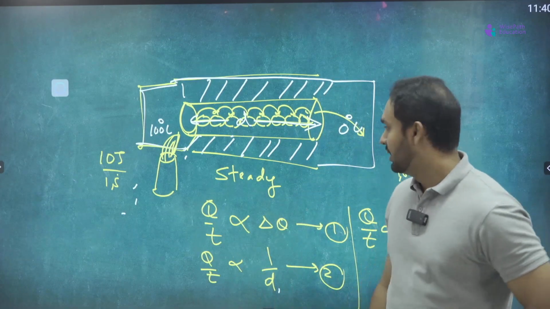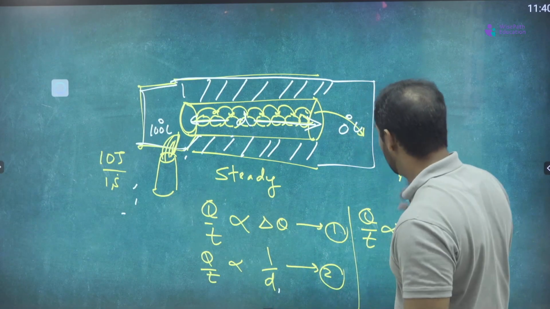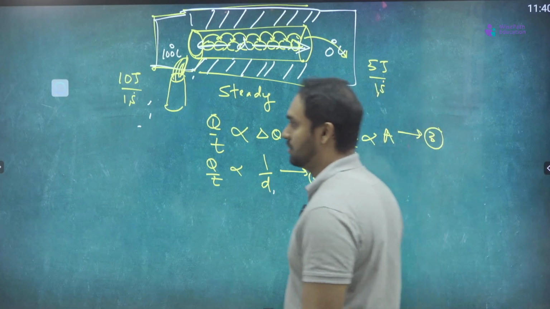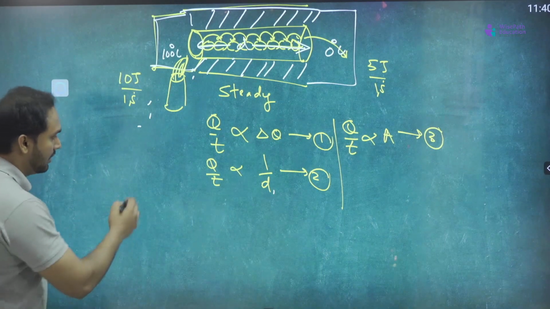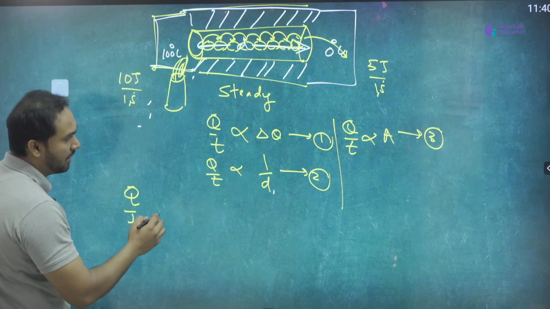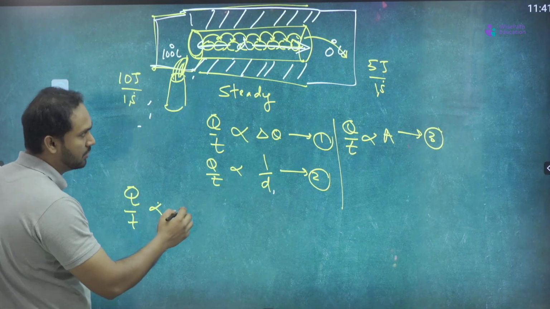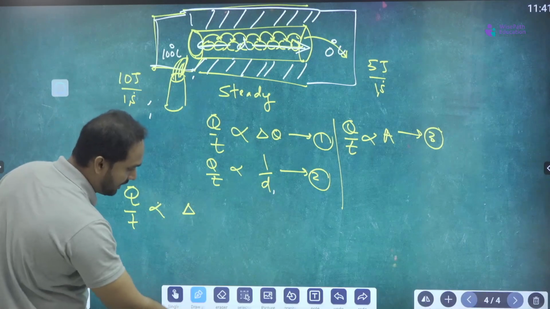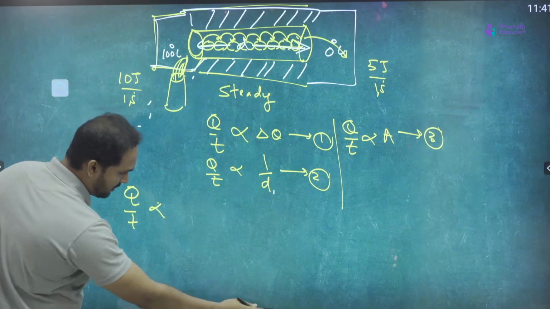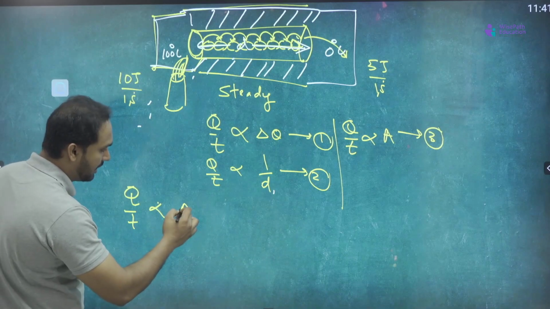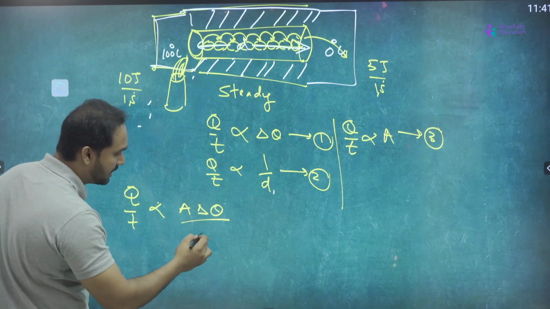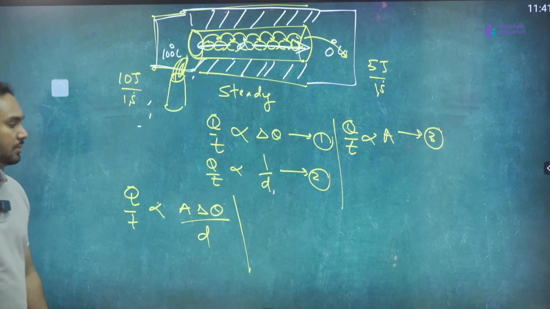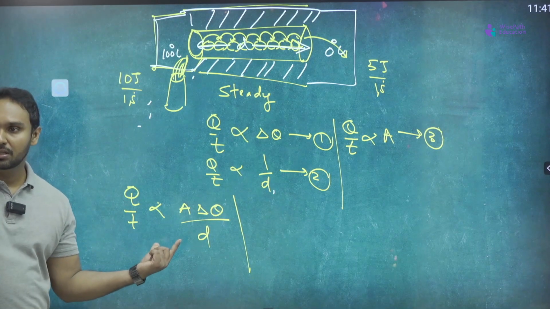Recordings are given, right? So you can connect 3 of these equations to form 1. So Q over T is proportional to, sorry, I'll take the A first, A delta theta over D, right? So the next thing is you have to make the proportional equal.